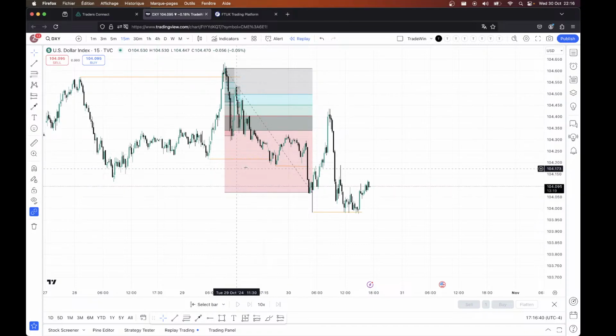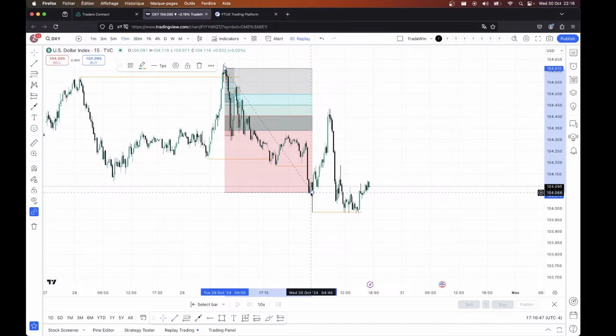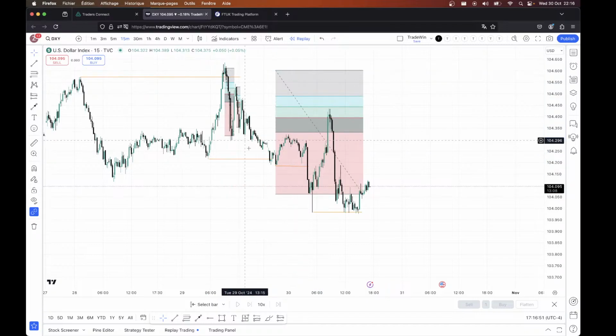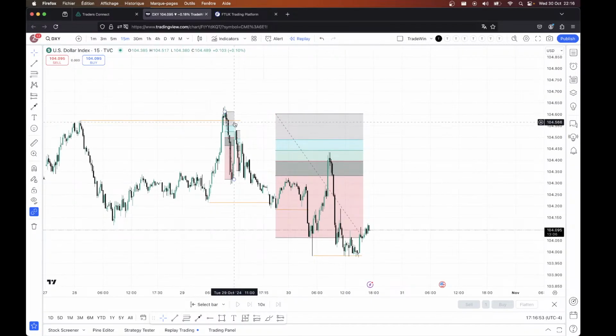You could consider that only because here when we broke the structure, we effectively entered a downtrend, which means that this is obsolete. This doesn't make any sense.